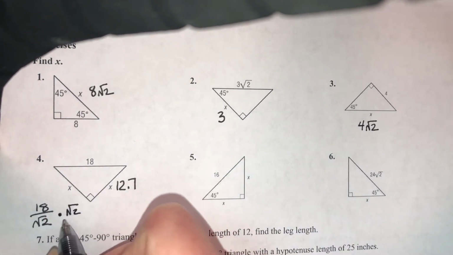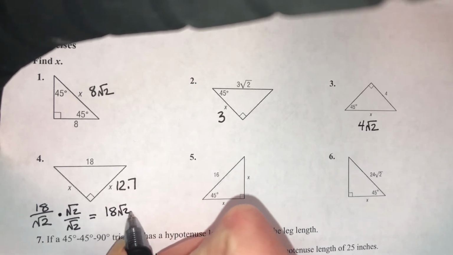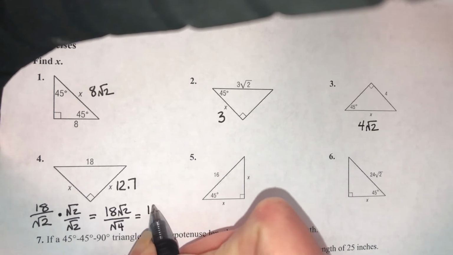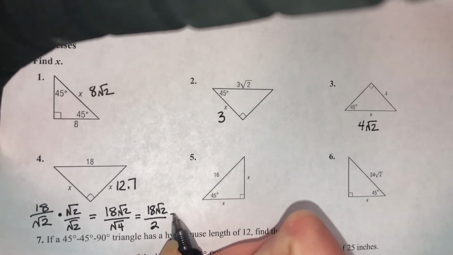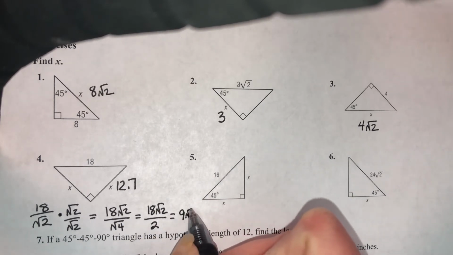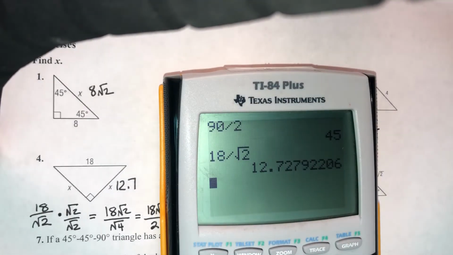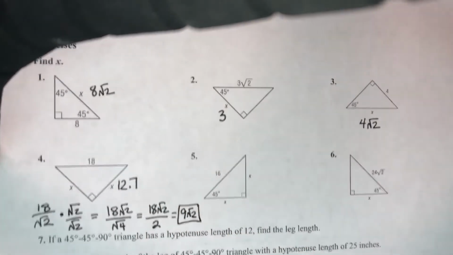So you multiply by square root of 2 over square root of 2. 18 square root of 2 over square root of 4. And the square root of 4, of course, is 2. And then you can do 18 divided by 2, which is 9 square root of 2. So 9 times the square root of 2 equals 12.7, okay?